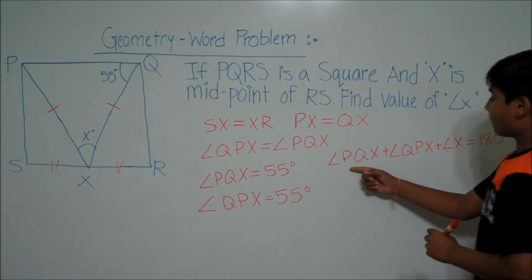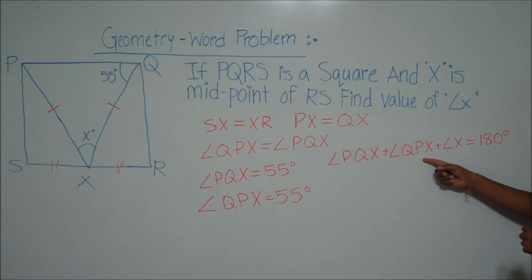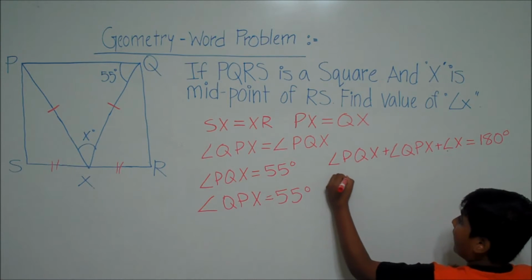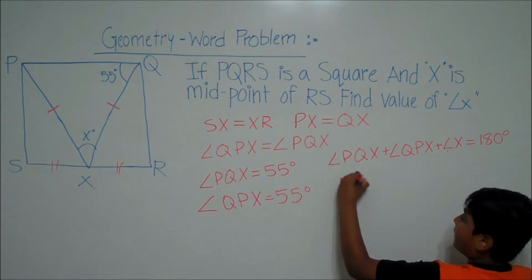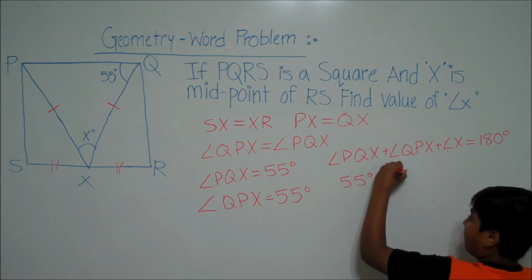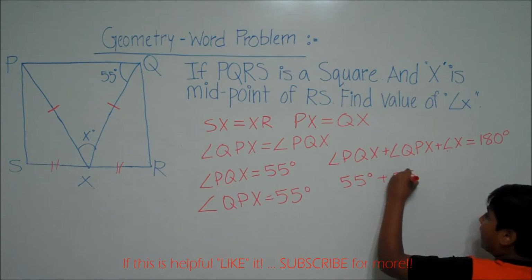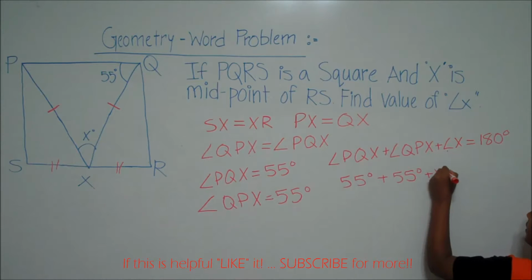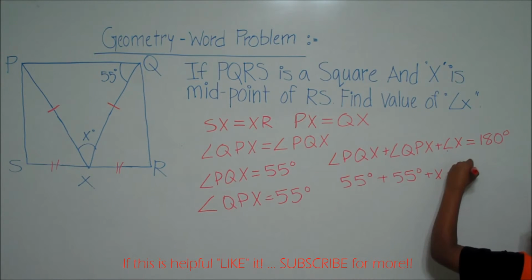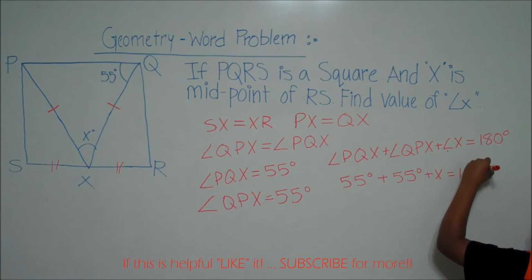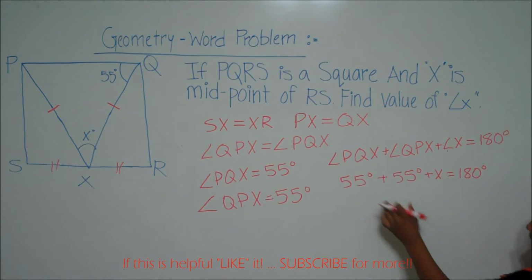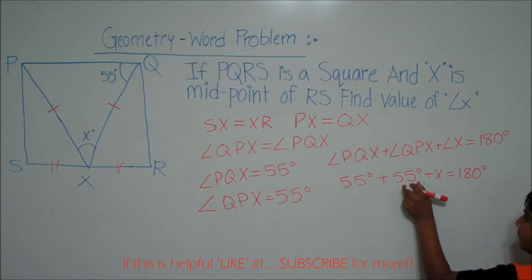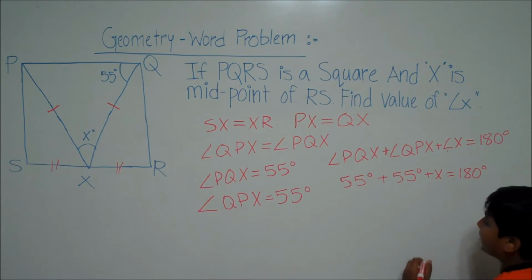We know that angle PQX and angle QPX are both 55 degrees. So that means that 55 degrees plus 55 degrees plus x is equal to 180 degrees. So that means 55 plus 55 is equal to 110 degrees.